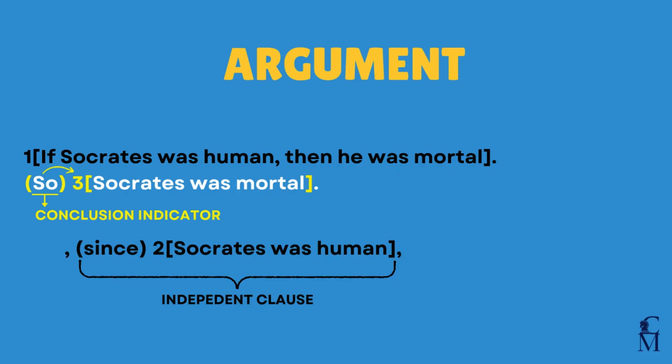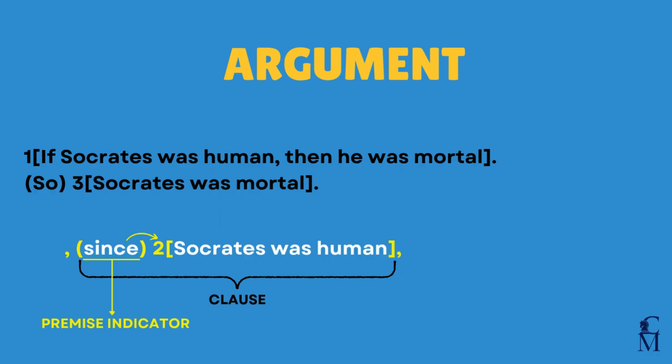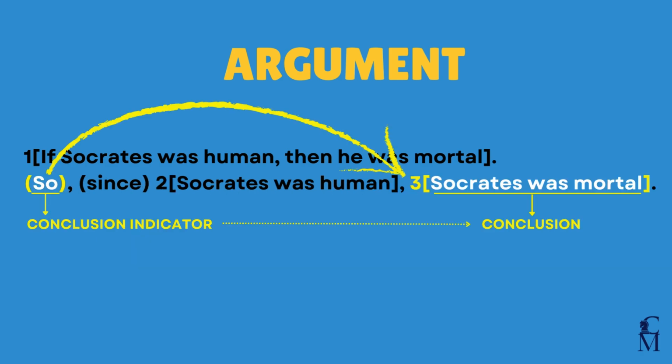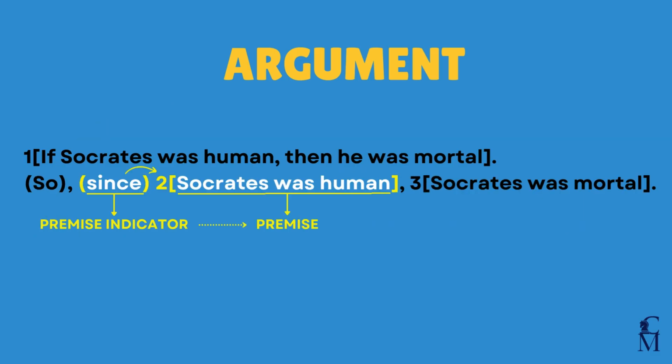Once we do so, you should see that the conclusion indicator word so stays in front of statement 3, Socrates was mortal, and the premise indicator word since stays in front of statement 2, Socrates was human. This is how we know that the conclusion indicator so is an indicator word for statement 3 and the premise indicator since is an indicator word for statement 2.